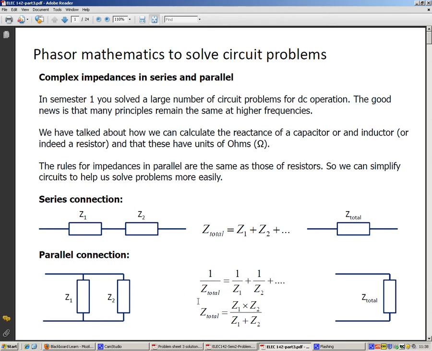And this is the same as resistors in that if we have just two circuit components, we can use this simplification of the rule, the same as we did for resistors. It's the product over the sum. You should be quite familiar with this. If you're not, please go back and look at your rules for how you add resistor chains together. So we're going to use this to simplify our circuit.